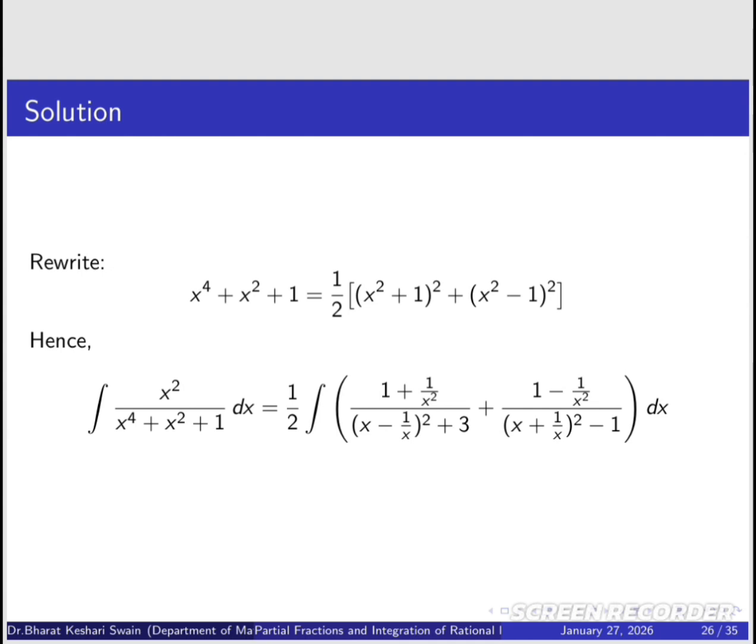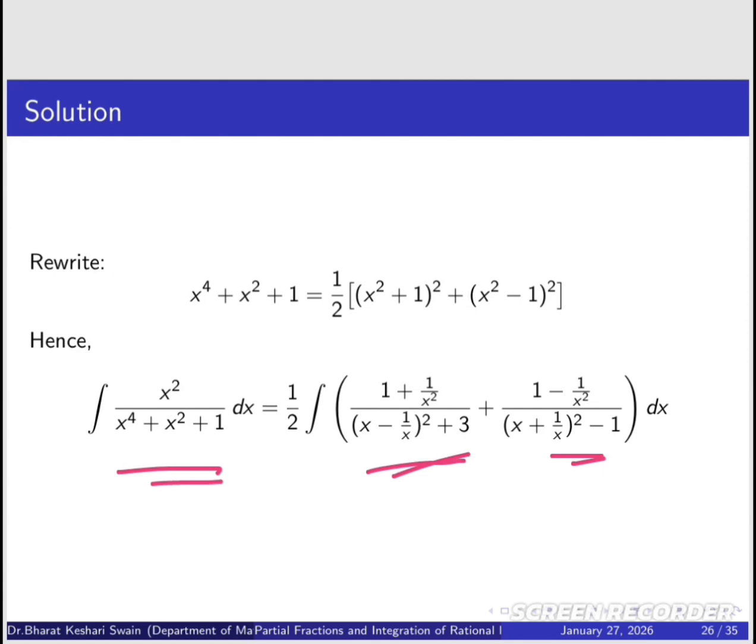Your x square integration of this, integration of x square by x fourth plus x square plus 1 into dx is equal to 1 by 2. Okay, just see. If I divide, then we will have this type of terms.